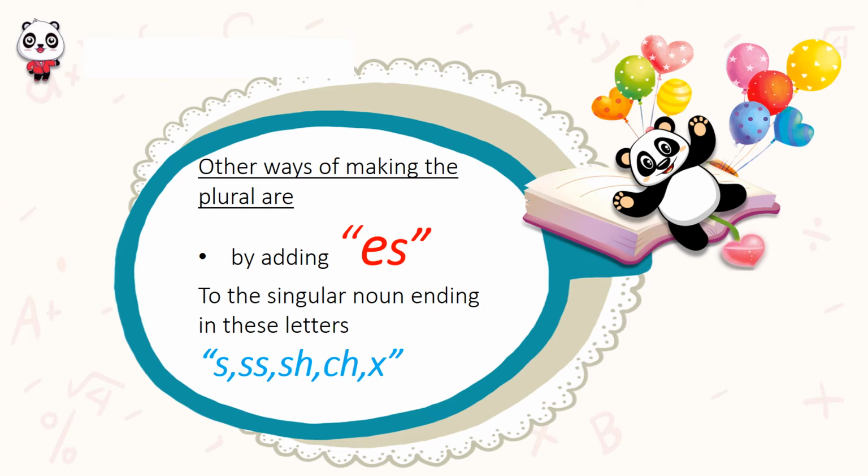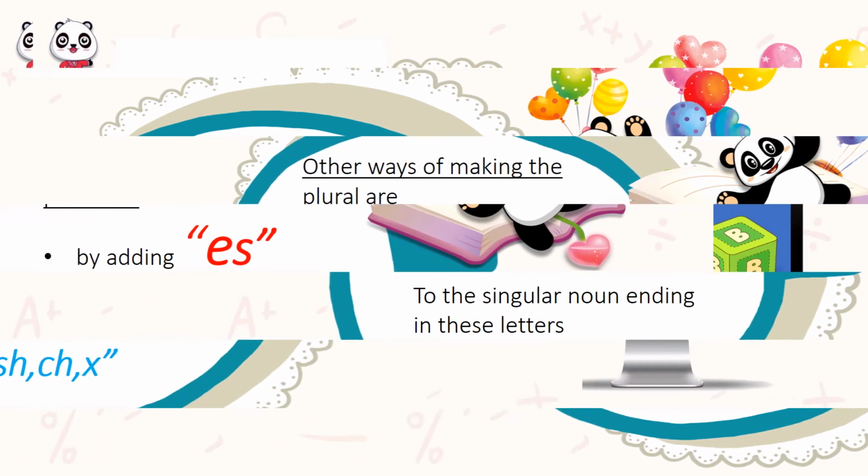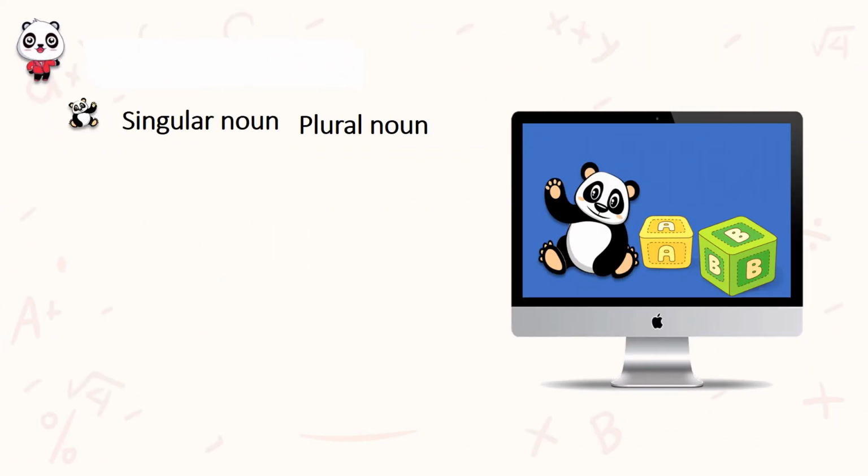By adding es to the singular noun ending in these letters: if the singular noun ends with s, ss, sh, ch or x, you need to add es to the singular to make it plural. Let's see some examples. Bus ends with s.